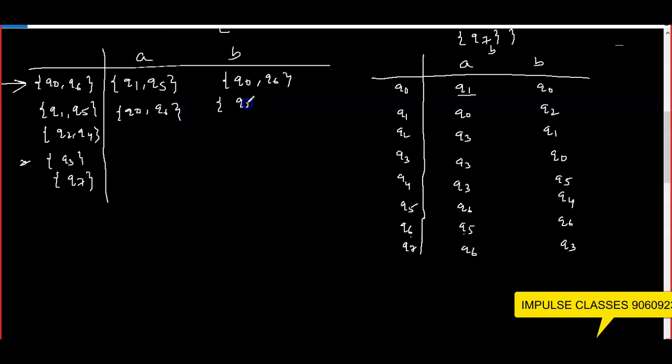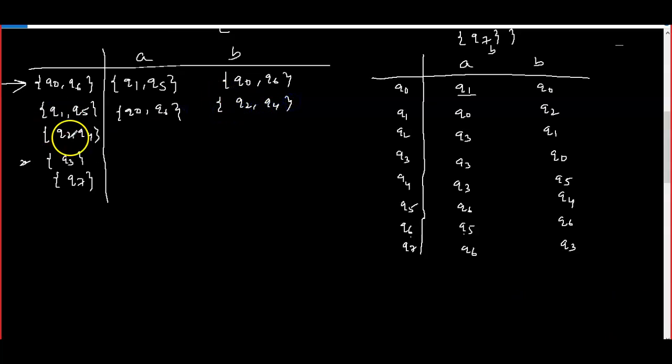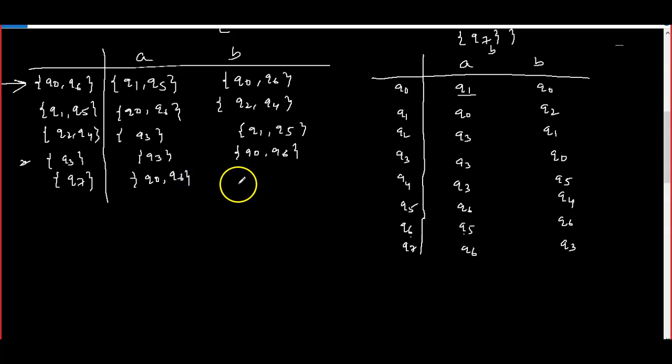Similarly, this one has Q2 and Q4. It's coming in the same state, same set all getting here. Q3. This is Q1 and Q5. This Q3 to A is Q3. This is Q0 Q6. Q7 is here Q0 Q6. And this is Q3. No doubt in this?